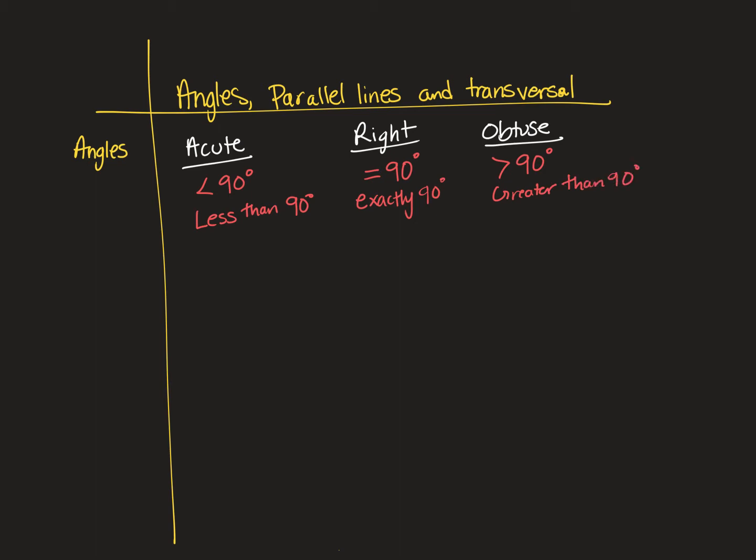And if we were going to draw a picture to represent these, acute angles are cute little angles, right? So we're going to say that that's like 30 degrees. That's an example. A right angle is a beautifully lined up corner that is often represented by this little box. That means 90 degrees.